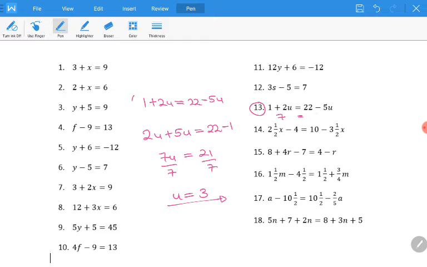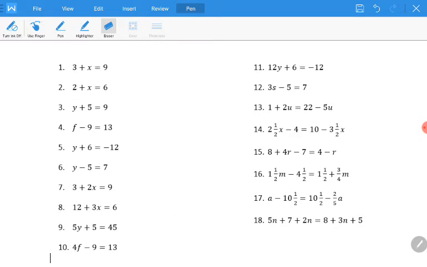This should be equal to 22 minus 15. 22 minus 15 is equal to 7. So both the left hand side and the right hand side are equal. So our answer is correct. So that's one easy thing about the equation. You can always check if you have done your work correctly.